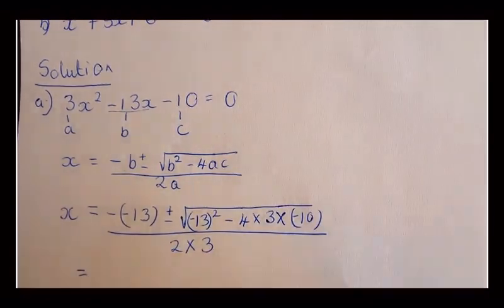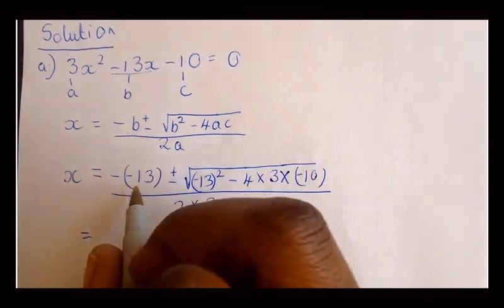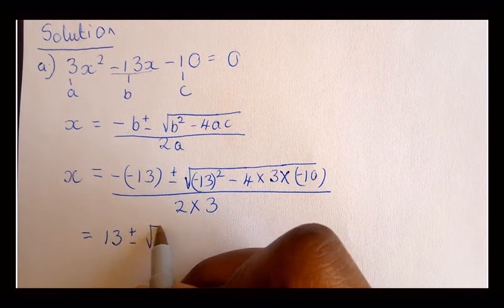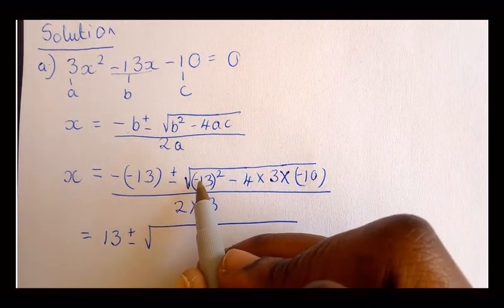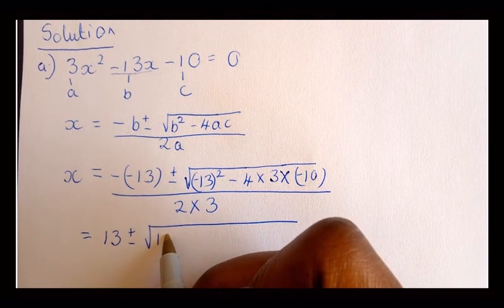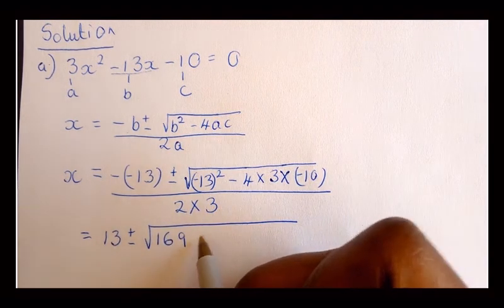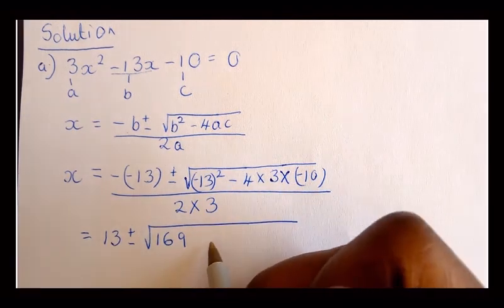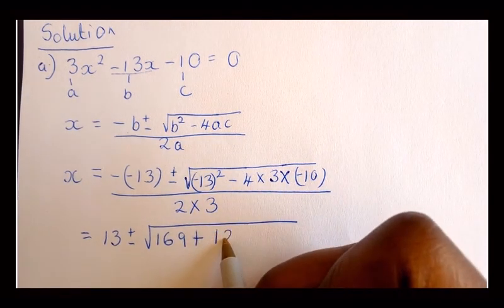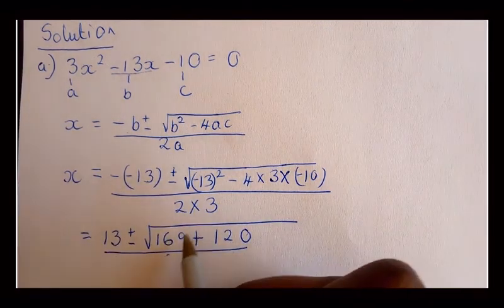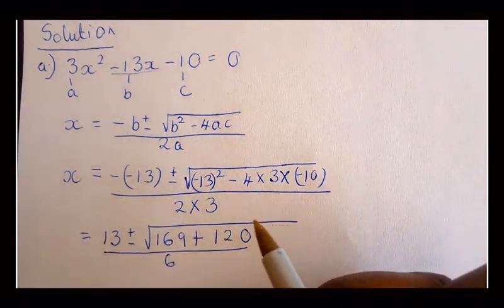So this becomes negative 13, which is positive 13, plus or minus the square root of negative 13 squared. If you punch it in your calculator, you know that it is 169, minus 4 times 3 times negative 10. What is this? 120. So it becomes plus 120 all over 2 times 3, which is 6, like this.